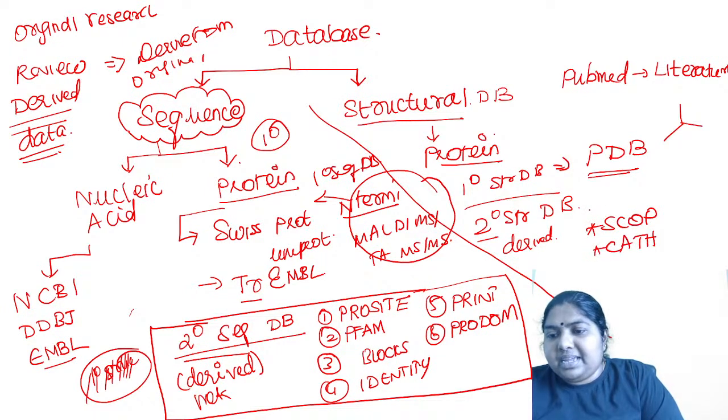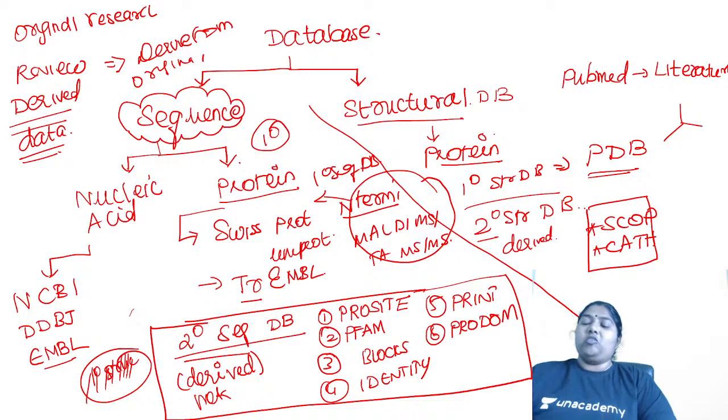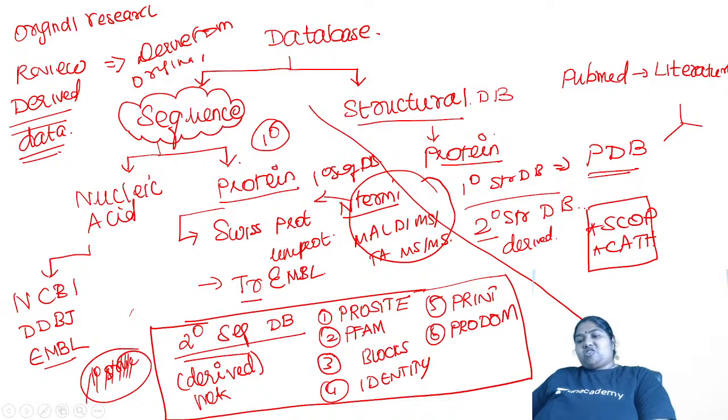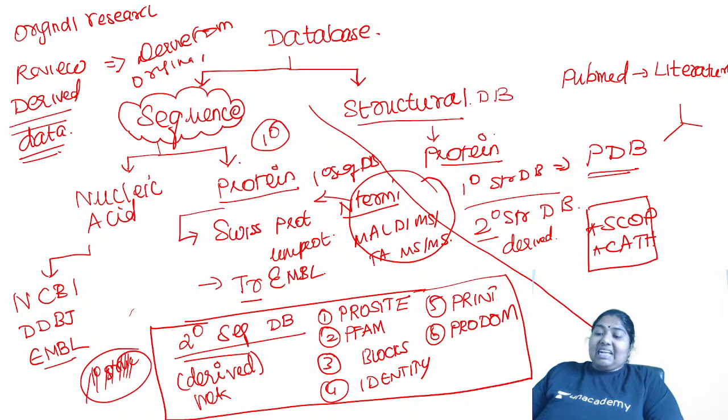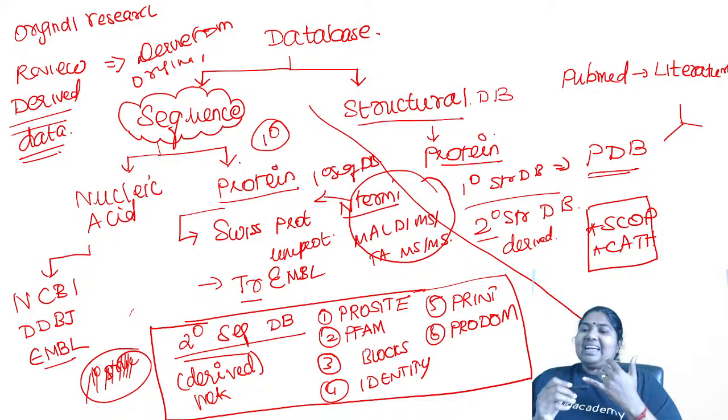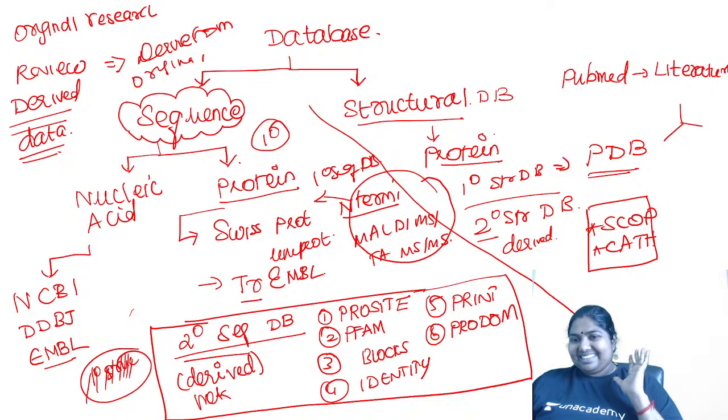These two are the major players of the derived structural database. What is SCOP? It is the Structural Classification of Proteins. What is CATH? Class, Architecture, Topology, Homology. These two are the derived structural databases.